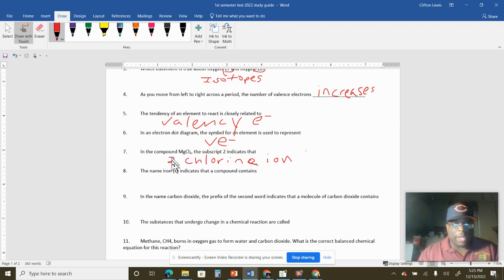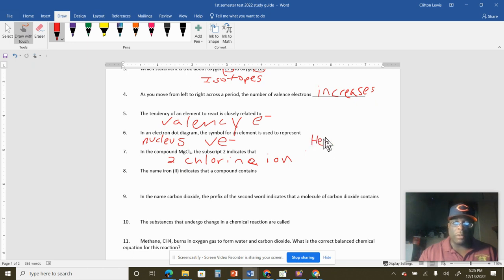Now, it's going to ask you on this one, it's going to ask you about the nucleus. That's the protons, or the chemical symbol. Like for the electron dot diagram for helium, we write He. Helium has two protons.